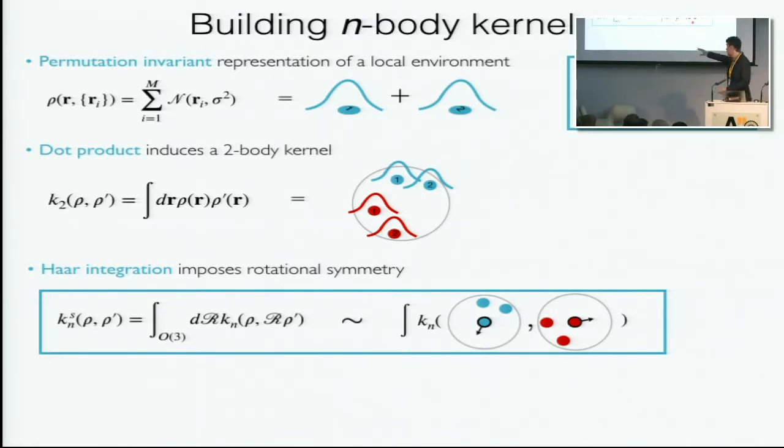What you do is you take your kernel and you integrate over the rotation space, with one configuration always rotated. You do the integral between the configuration rho and the rotation of the configuration rho prime. This is applied to any kernel. Haar integration is tricky, can always be applied, but sometimes it can be very complex and sometimes almost impossible to do.